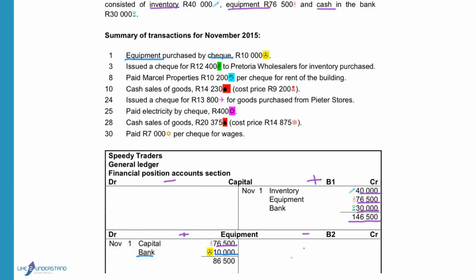Issued a check for 12,400 for inventory purchased. We issued a check, so we took money out of the bank, so the one entry will be in the bank account. What did we do with the money? We purchased inventory, so my double entry will be completed in the inventory account.